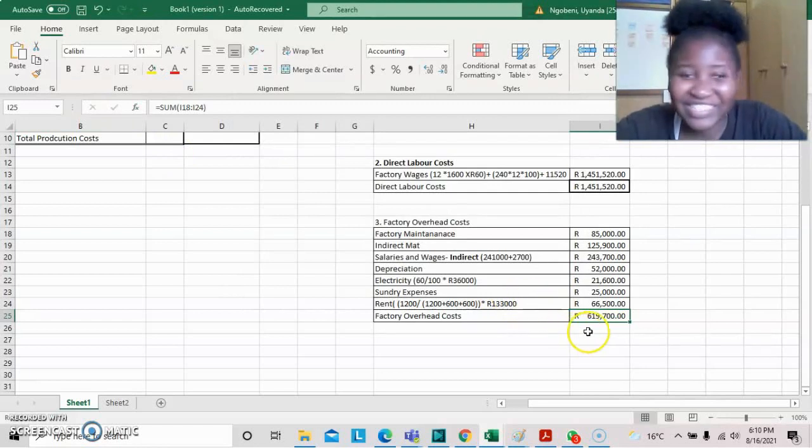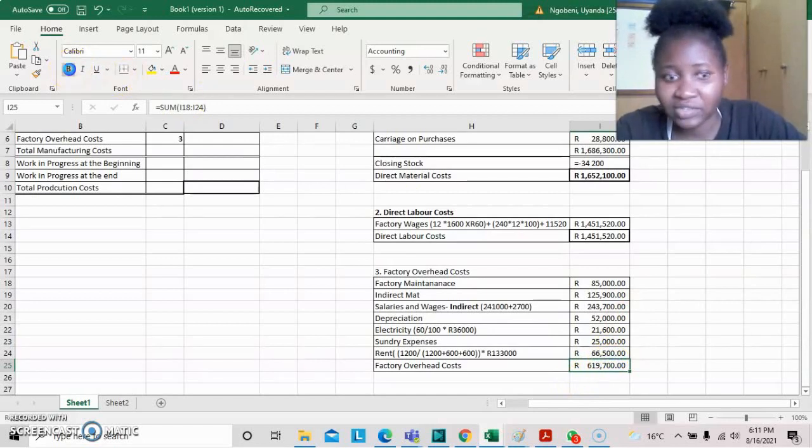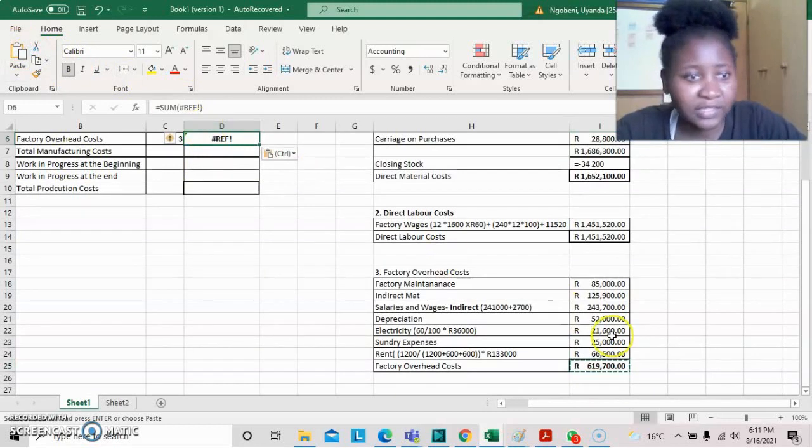Hey, that took me forever. Okay, so now we have the amount. How much is the total here? Now the only thing I'm doing is taking the total and putting it straight into my production cost statement. And just like that.